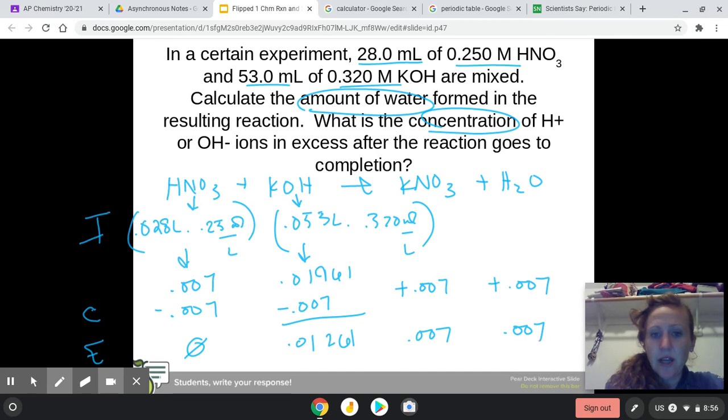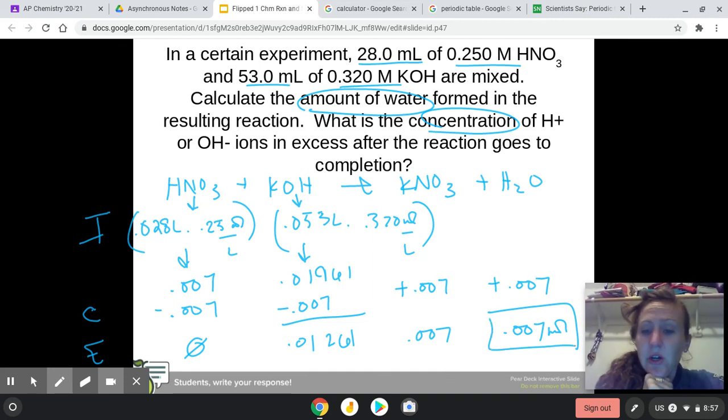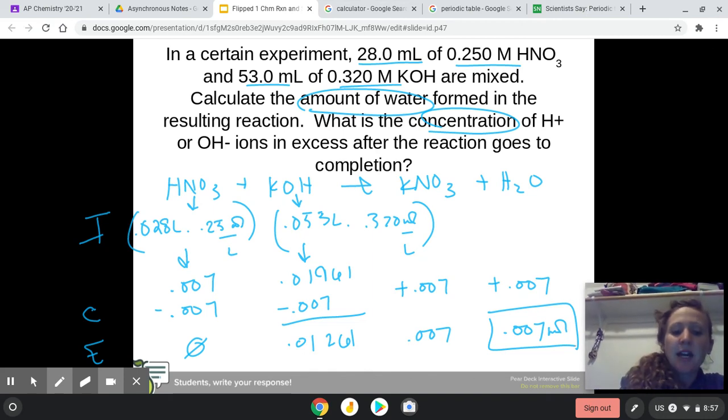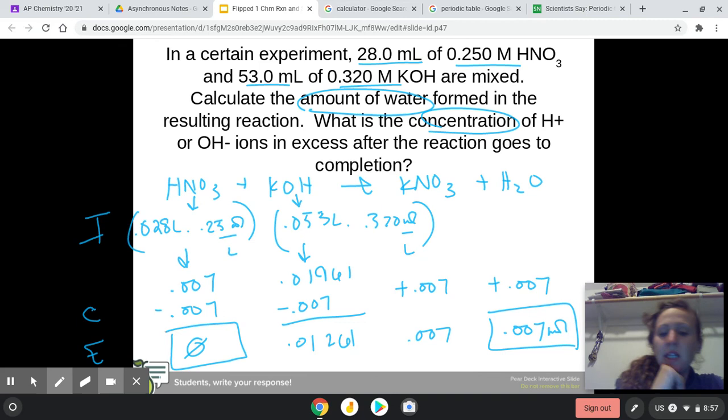Okay, so I know the amount of water in moles. That answered one question. What's the concentration of H plus or OH minus in excess after the reaction goes to completion? So I have no HNO3 left. So that source of H plus is totally gone. So for now, let's go with that answer.